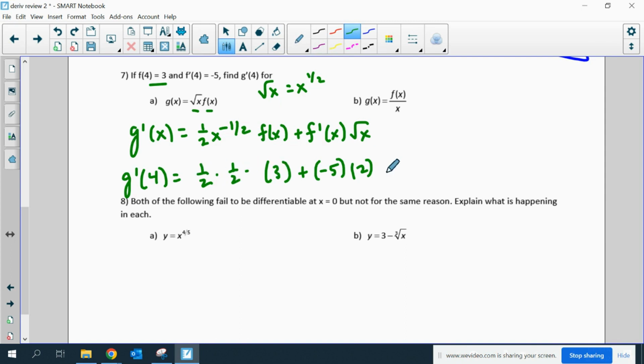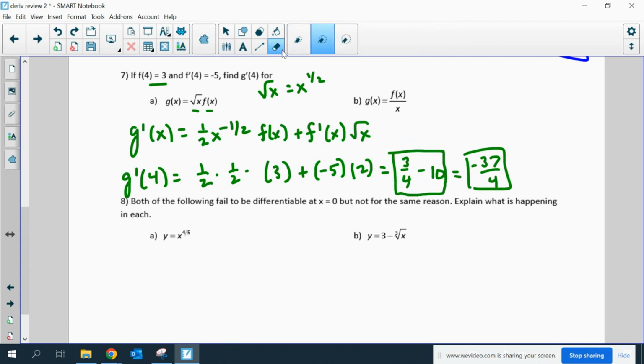So 1/2 times 1/2 times 3 is 3/4, and -5 times 2 is -10, so 3/4 minus 10 is -9 1/4, which is -37/4. So that's part A. On the AP test, you can actually just leave it as 3/4 minus 10 if you don't have a calculator.